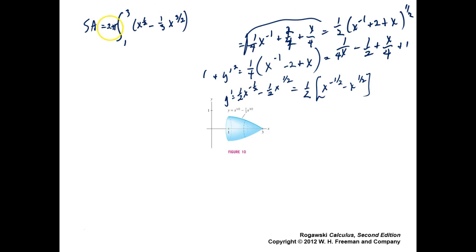And then I have this 1/2, so it's going out front and wipes out the 2 there. And then this part will be x to the minus 1 plus 2 plus x to the 1/2. And then you have your dx. Okay.